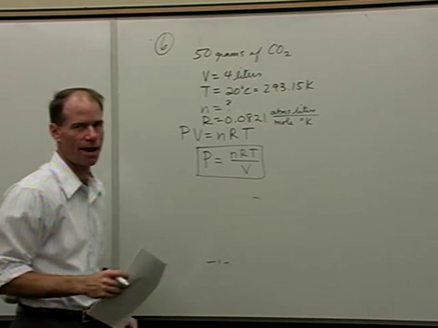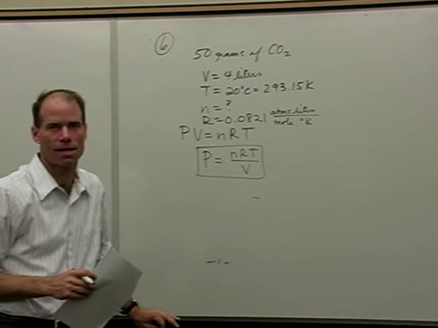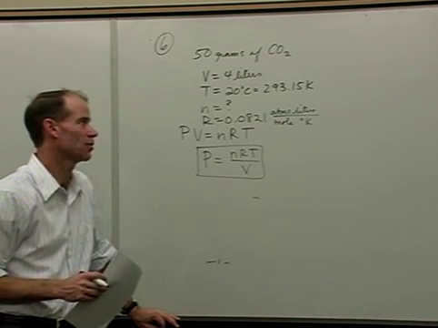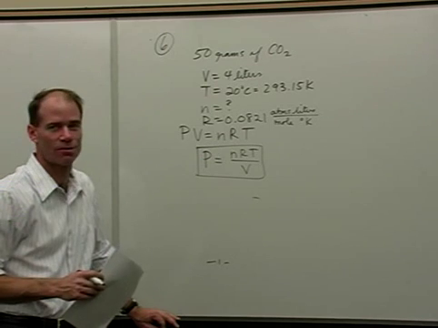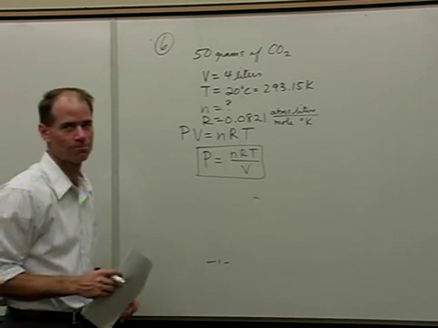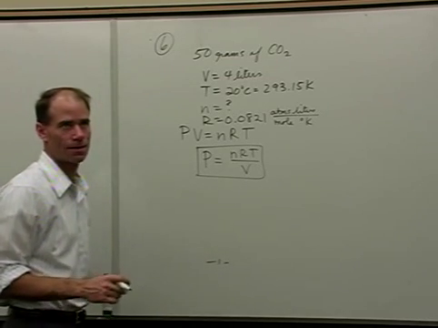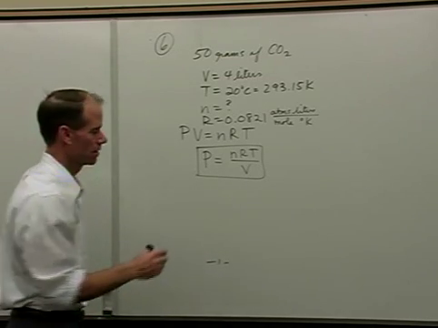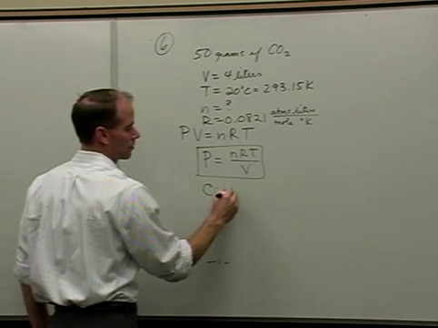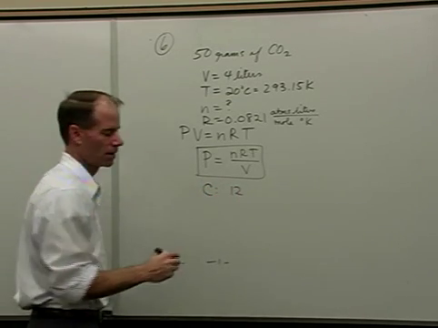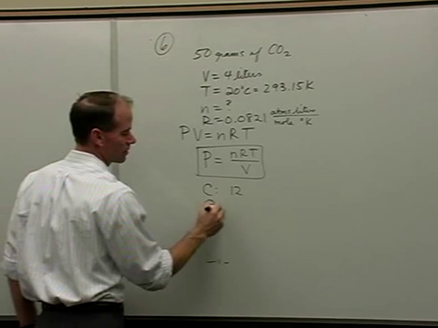Now we know we have 50 grams of carbon dioxide. And what is the molecular weight of carbon dioxide? Well, the atomic weight of carbon is 12 grams per mole, and the atomic weight of oxygen is 16.